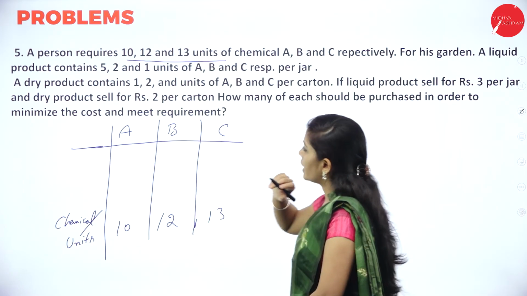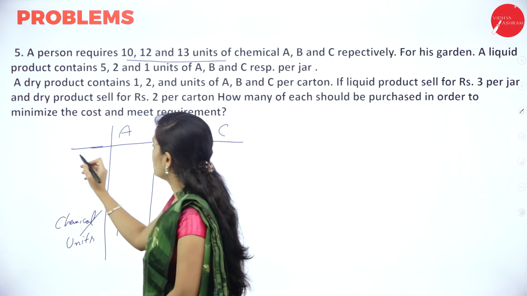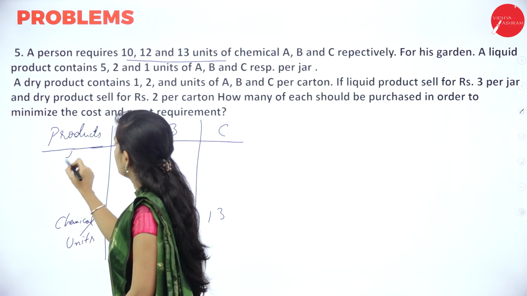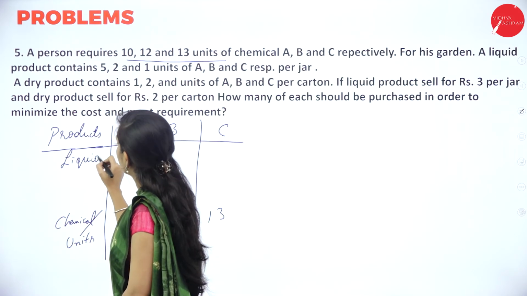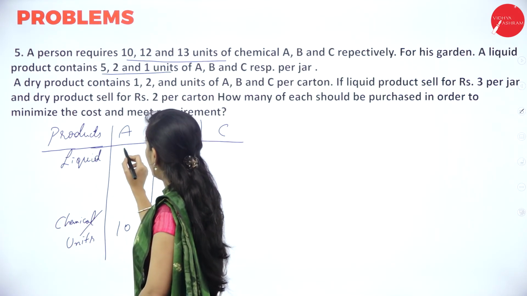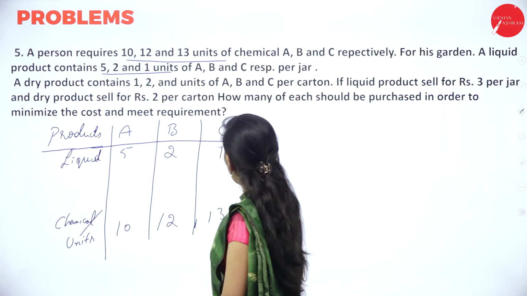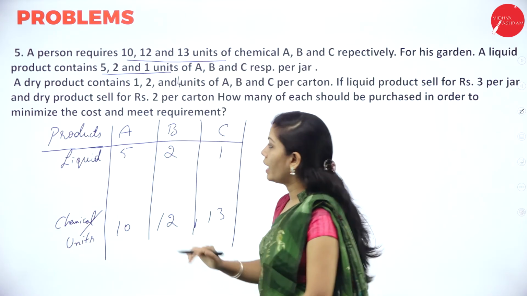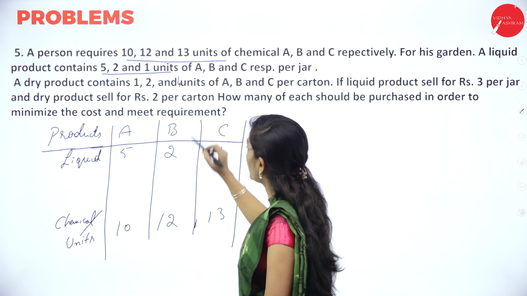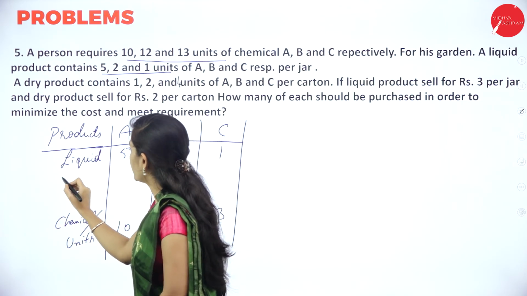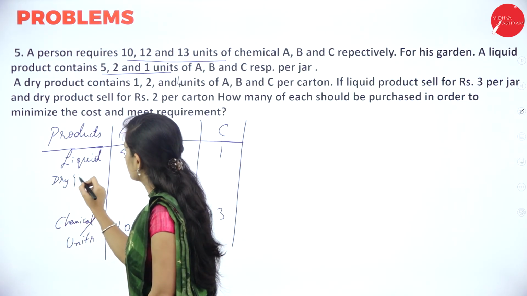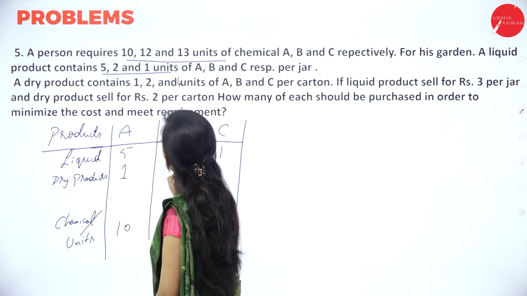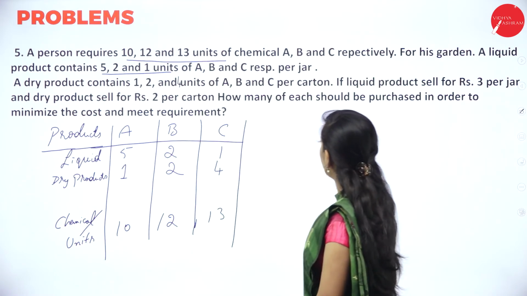For his garden, a liquid product contains 5, 2 and 1 units of A, B, C respectively per jar, and a dry product contains 1, 2 and 4 units of A, B, C per carton.